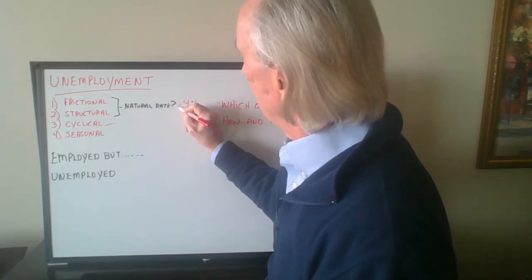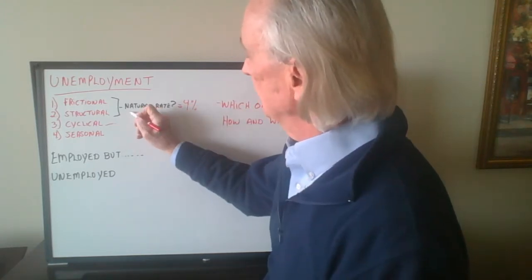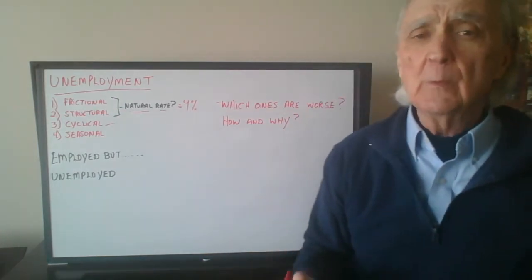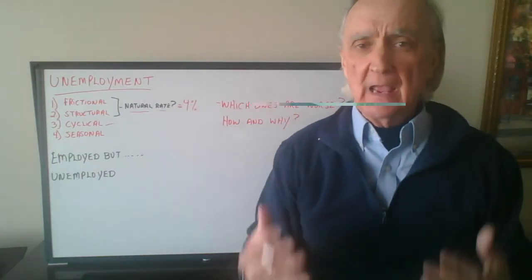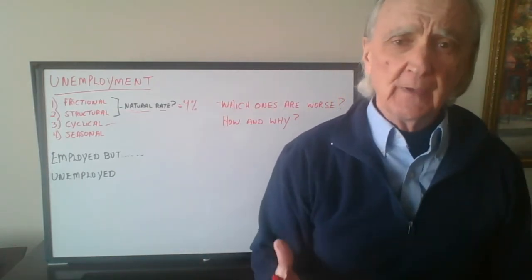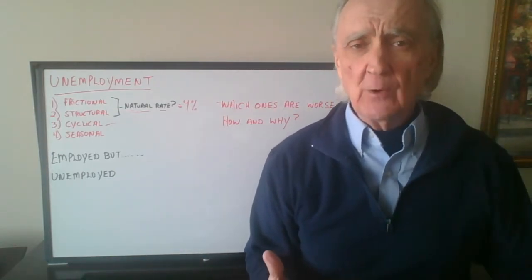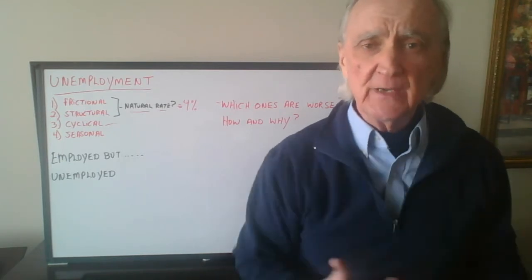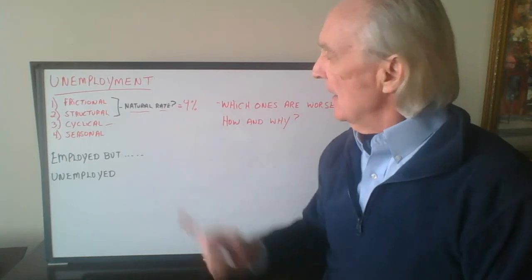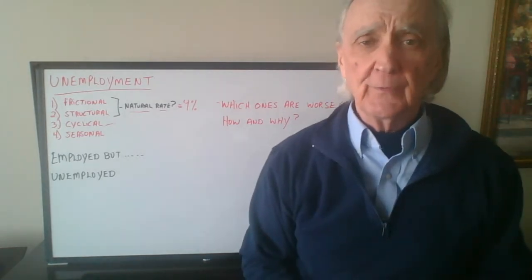Well, that is what they call the natural rate. So even when the economy is doing well, we will still have a natural rate of 4%. People are changing jobs, or some industry is dying off, getting smaller, and people have to be retrained for the new industries. So we'll always have the natural rate of 4% with us.